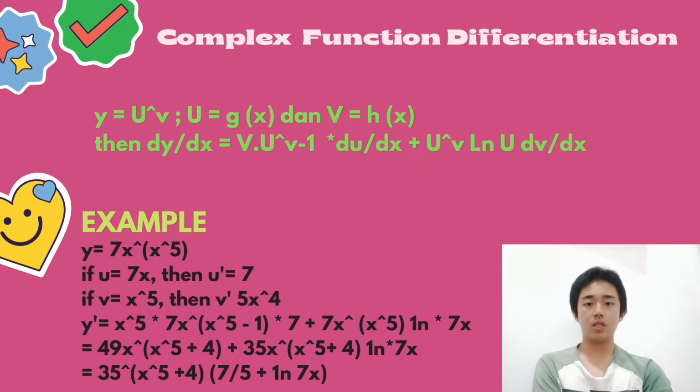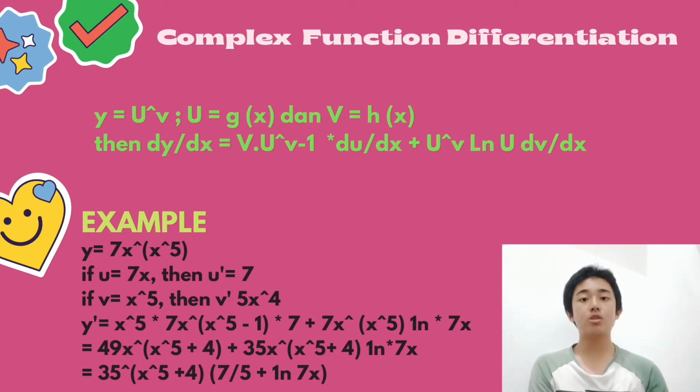Complex function differentiation. The example is y = 7x to the power of x to the power 5. The twist is that the power actually has a variable, x to the power 5. So we are going to search for u and v. The u is 7x, and the derivative of u is 7, because we bring down the power from x, that is 1, and times it with 7 gives 7.